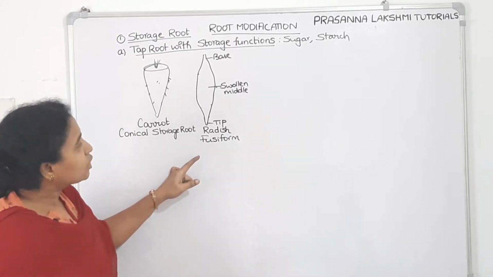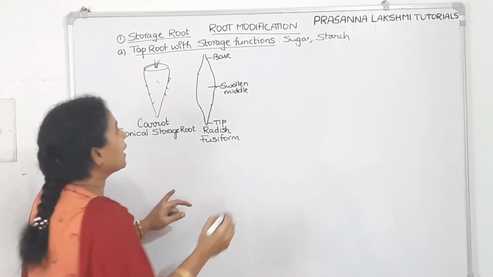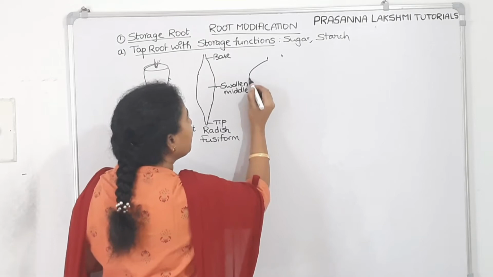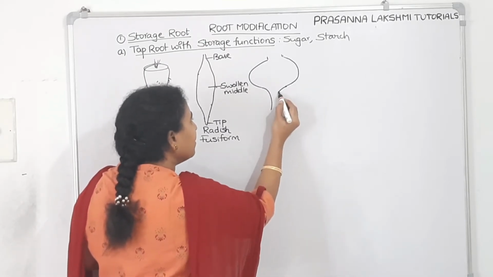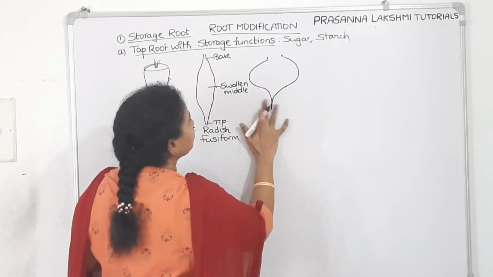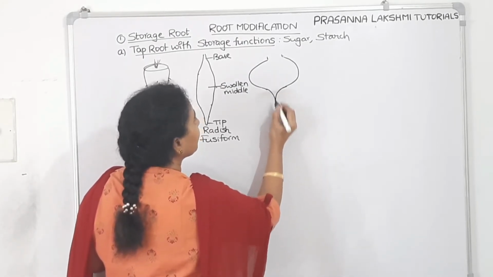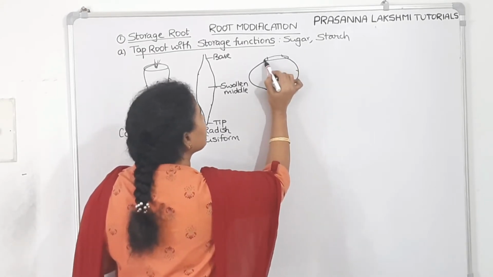Then next one is called napiform storage root. Napiform storage root we can find in turnip and beetroot. It will be like this. Suddenly it gets tapered and it is broad at the base.